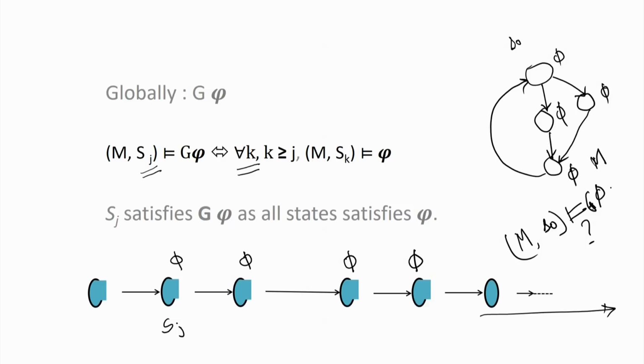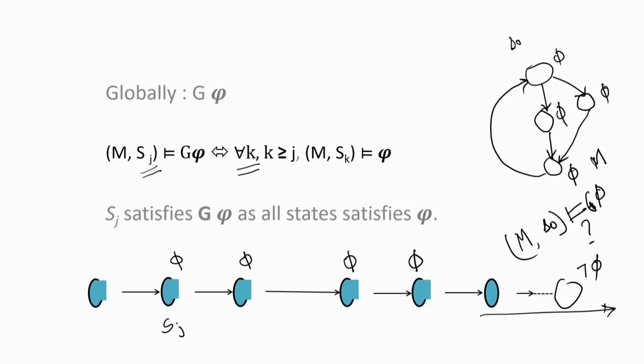I can say that in state S 0, G phi holds, because wherever you go, whichever execution trace you take, in all the states in future phi is going to be true. So in this model I can say that yes, M, S 0 models G phi. But here it is slightly difficult to say, because I can have one state somewhere here, since I am talking about continuity, where phi does not hold. So in this case I cannot say that in S j, G phi holds.